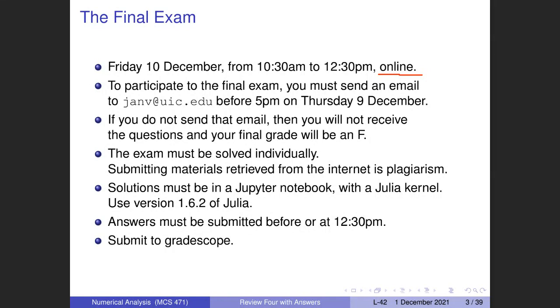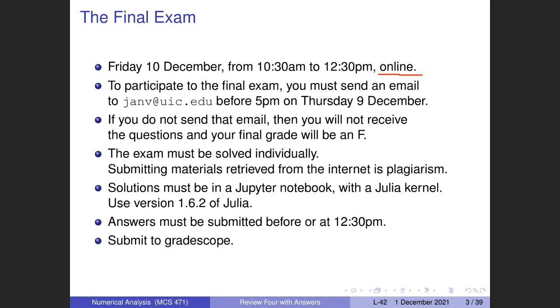The in-class portion of the final exam is that you can go to the classroom to do the final exam there. If you have to be on campus that day, then going to the classroom at 10:30 and doing the exam there is the on-campus version.